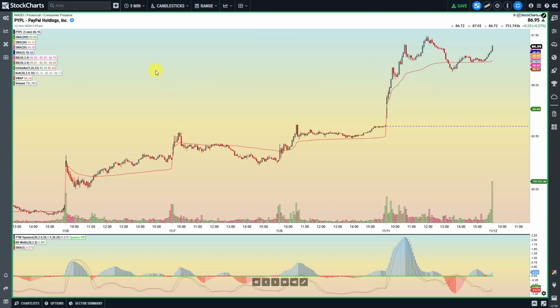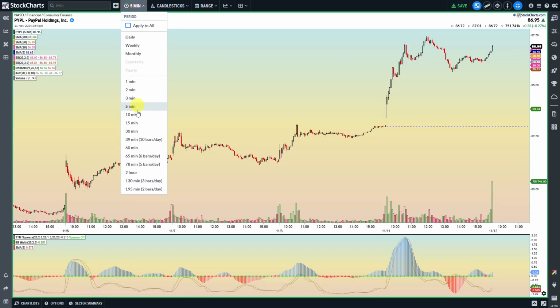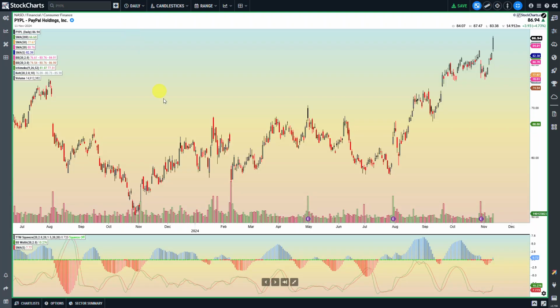So now let's turn VWAP off, and then let's turn this chart back over to a daily chart, and let's use VWAP. So now let's talk about anchored VWAP. Anchored VWAP is basically kind of the same thing. It's a dollar cost average from the anchor point. Now, what is the anchor point?